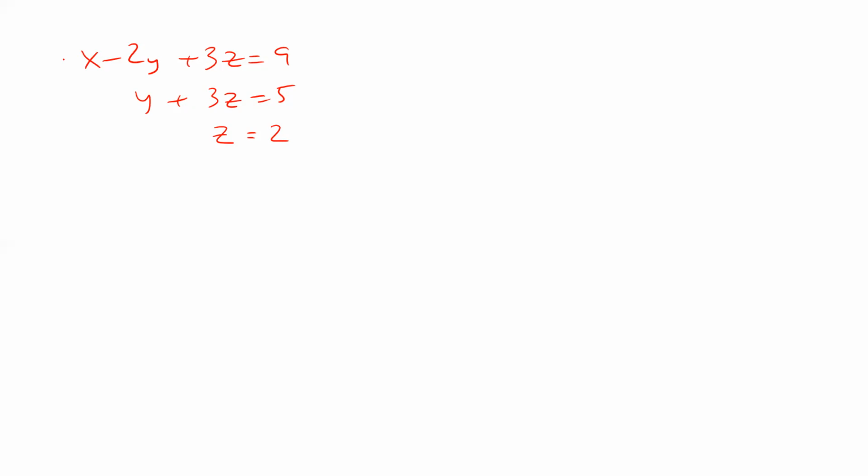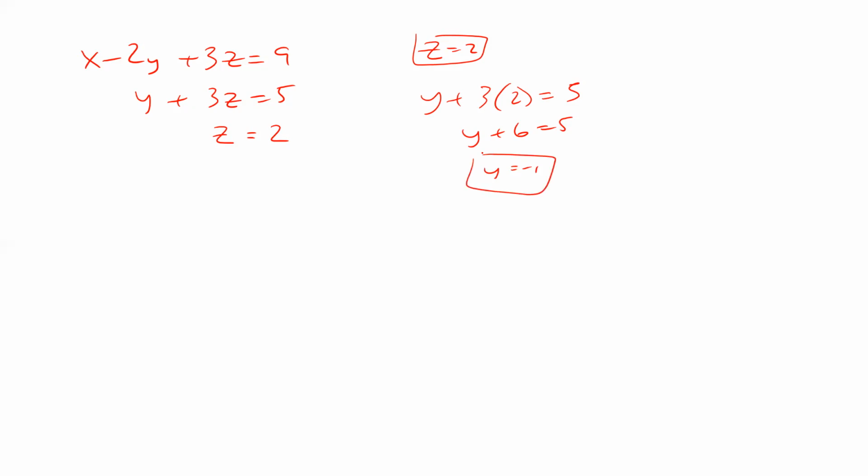And I work backwards. Since I know what z is, I plug in, climbing up the ladder here. y is equal to negative 1. Now that we know what y and z are, can you give me x?